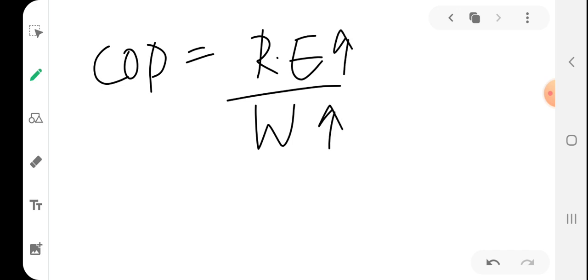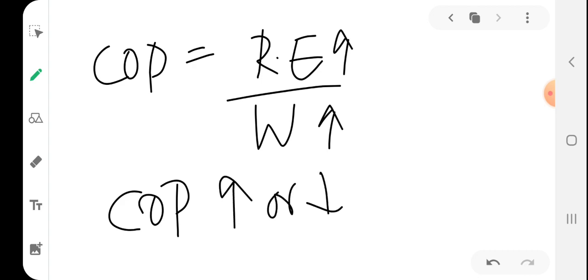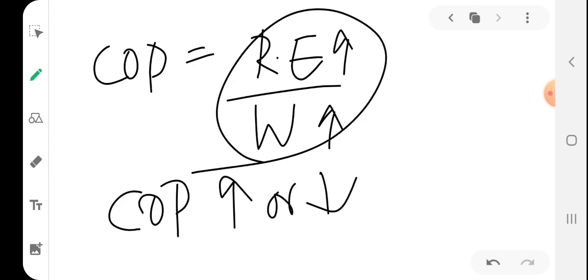So it cannot be assumed that COP increases or decreases, depending upon the amount. It is not sure. If the increase in work is more as compared to the increase in refrigerating effect, the COP may decrease.